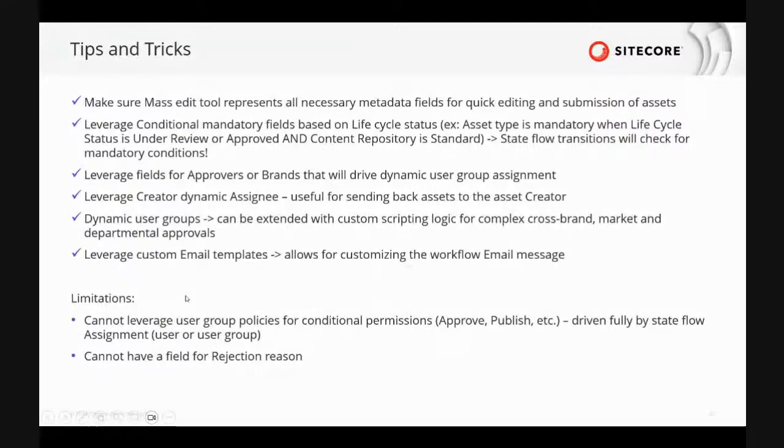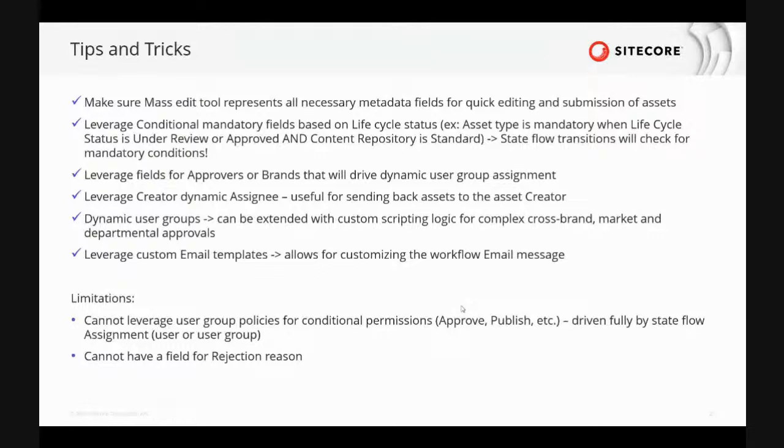Some limitations that I have discovered. You cannot leverage user group policies for conditional permissions. In the user group policies, you can give a permission on the asset definition to approve, to publish, to submit assets, right?